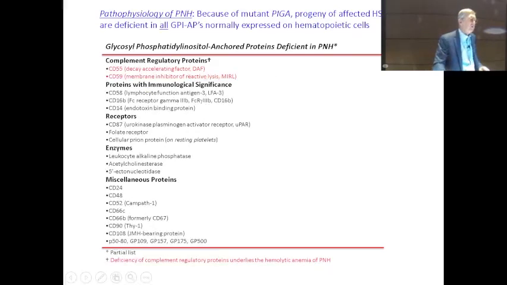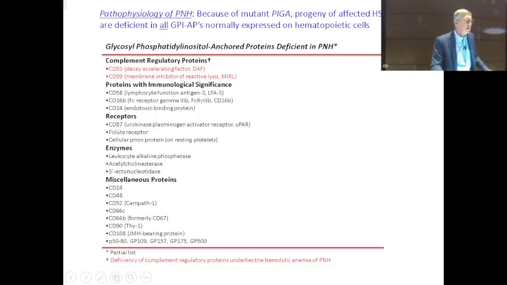Okay, so I've talked about the deficiency of GPI anchor proteins and illustrated that with CD59 and CD55. Actually, there are many GPI anchor proteins that are expressed on normal hematopoietic tissues, and this is a partial list. But as far as we know, the only pathophysiology that results from deficiency of GPI anchor proteins involves the complement regulatory proteins.